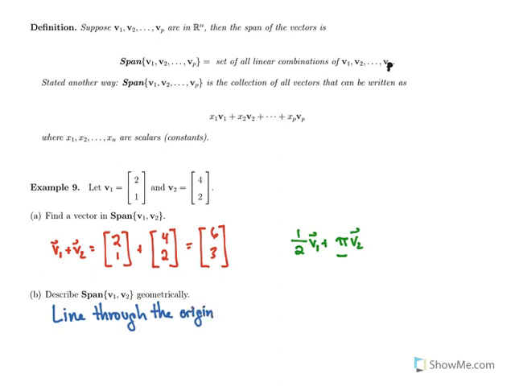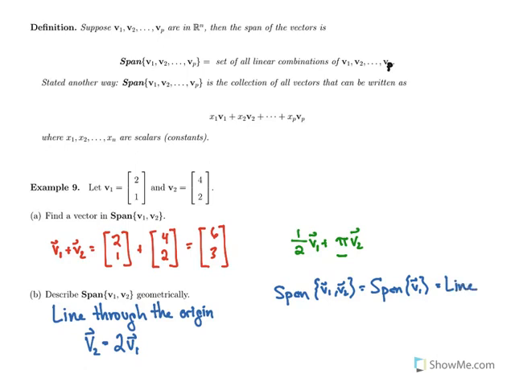And the reason that is the case is because v2 is a constant multiple of v1. So we could think about the span of v1, v2, not plus, is the same as the span of just v1. And that would give us a line.